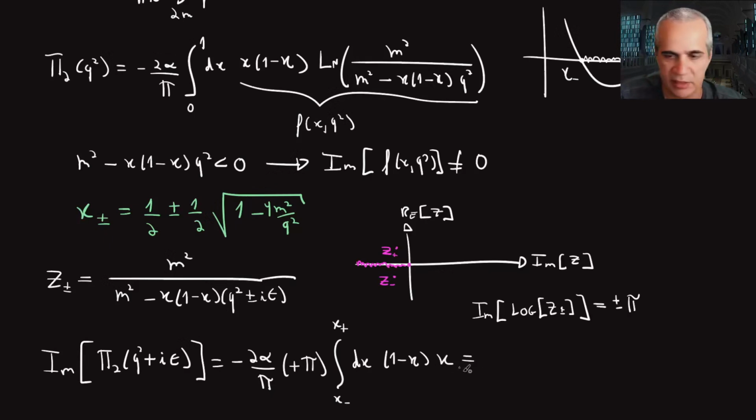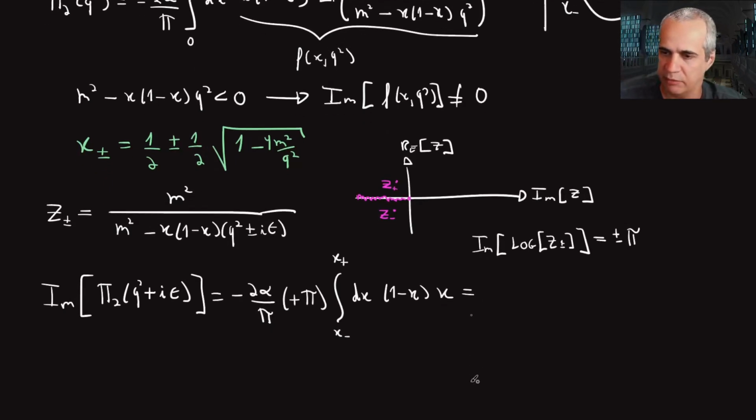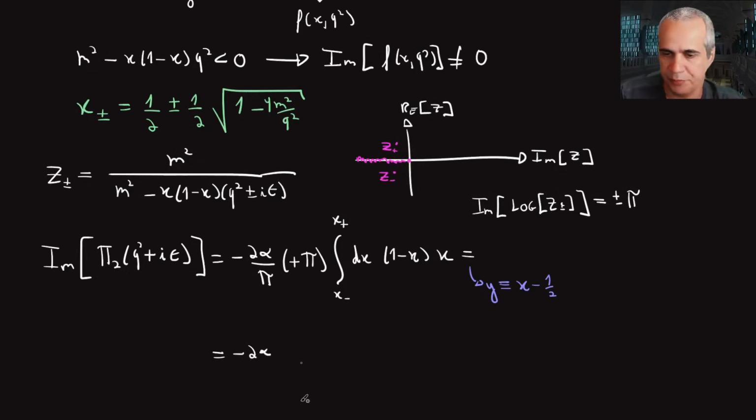This is pretty easy. I can do that by renaming x, doing a change of variables here. I take y equal to x minus half. That makes this integral, well, the pi's cancel each other here. So it's minus 2 alpha integral. Now, when I do that, I eliminate that half here.